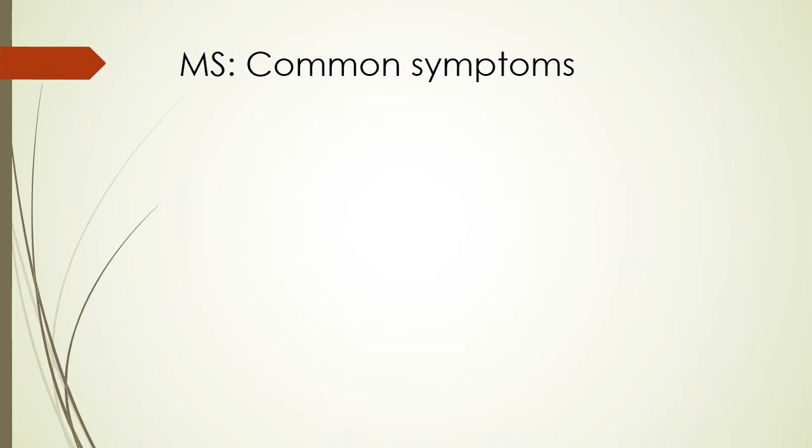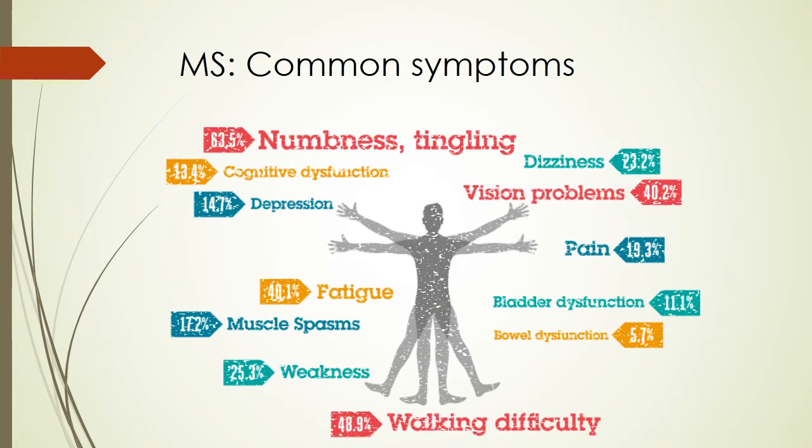First, let us look at the common symptoms of this disorder known as multiple sclerosis. This graphic shows the percentage of patients who come up with these common symptoms. You've got numbness and tingling, with as many as two-thirds of the patients. You've got cognitive dysfunction, depression, fatigue, muscular spasms, weakness, tiredness.